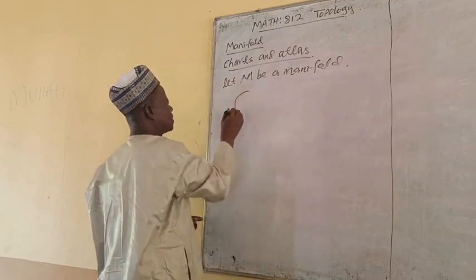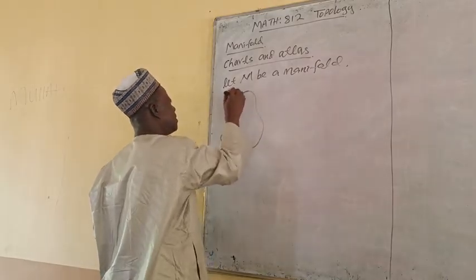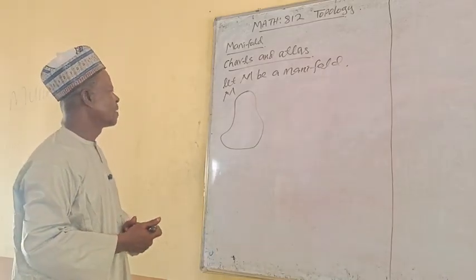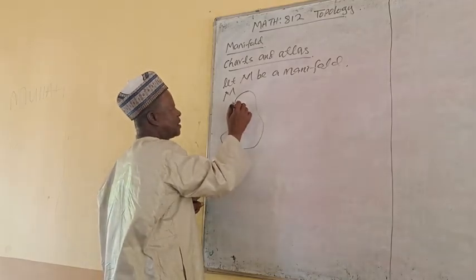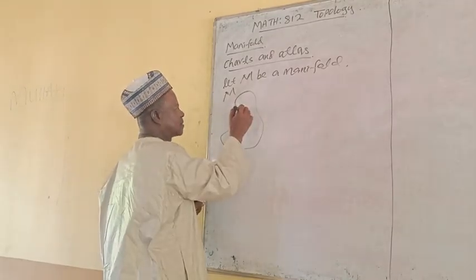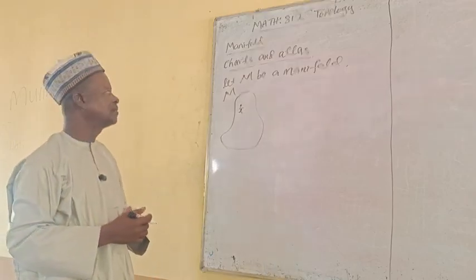And let me draw a typical manifold, for example. So this is my M, okay? And suppose I have a point here, maybe X, inside the manifold.